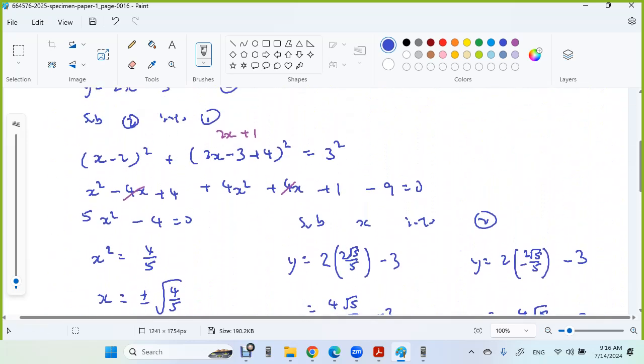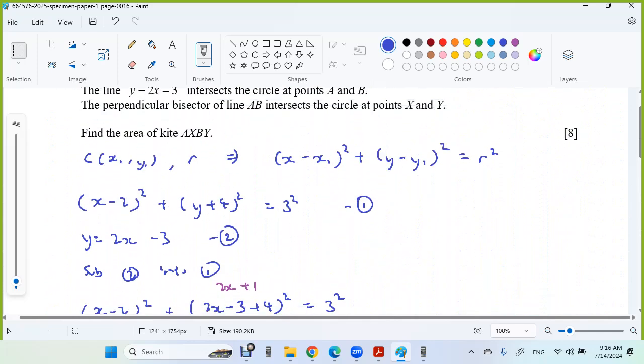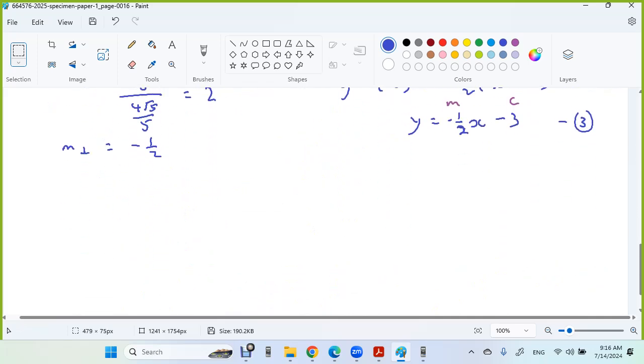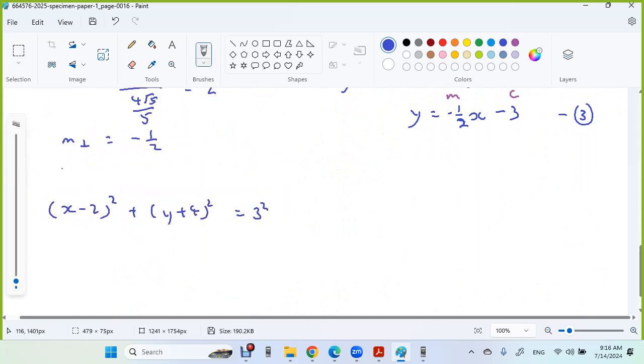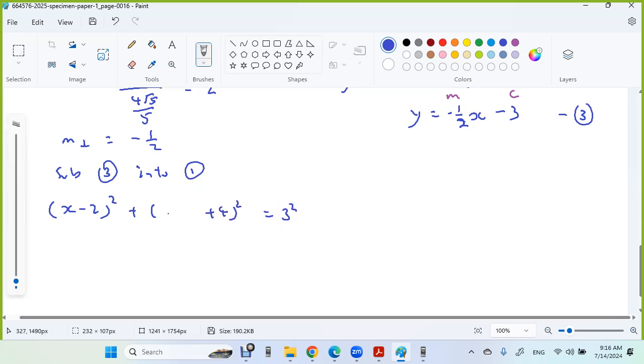So I can sub equation number 3 into equation number 1. Then we will get the new equation to solve. So we sub equation 3 into equation 1. Then y plus 4 is negative half x minus 3 plus 4, so it will become negative half x plus 1.